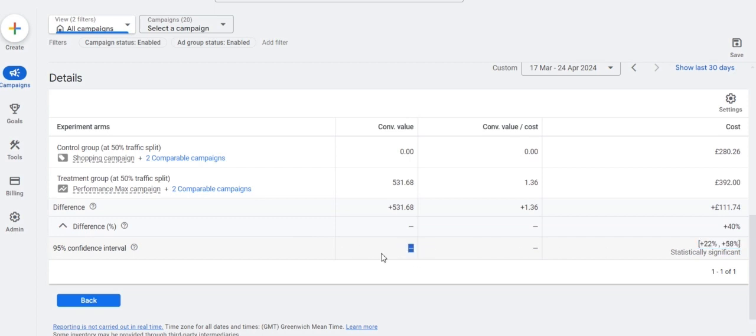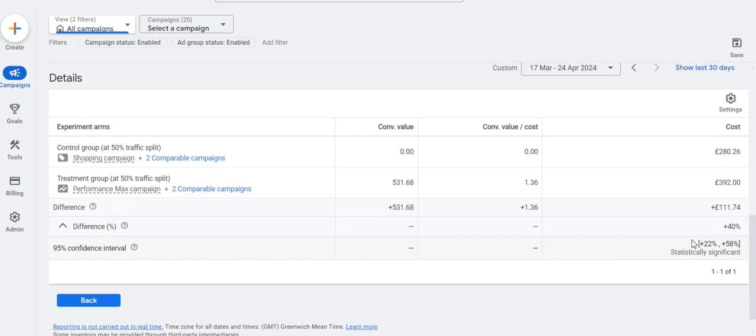So suppose this was for revenue, okay, and if you had a confidence interval at a 95% confidence level, of say 22% to 58% for revenue, obviously that's very big, right?